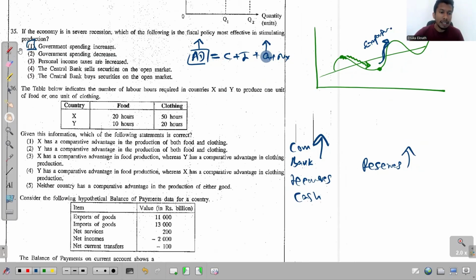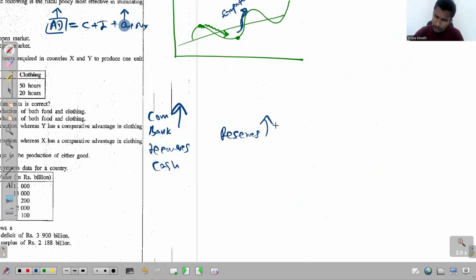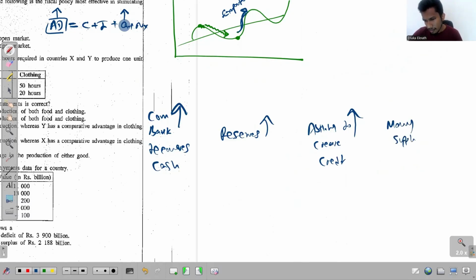So as a result, their reserves will increase. When their reserves get increased, listen to this carefully, their ability to create credit increases, and then the money supply in the economy increases.